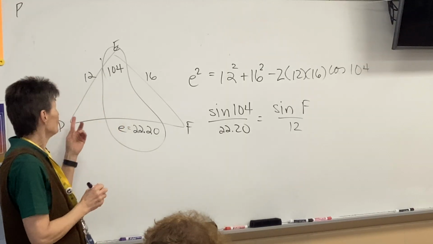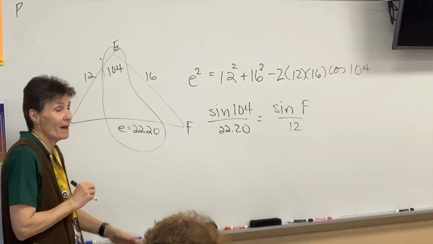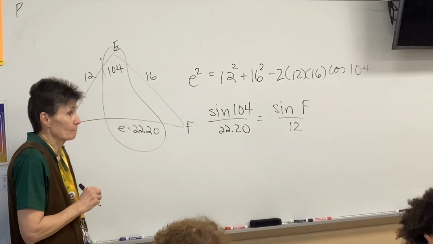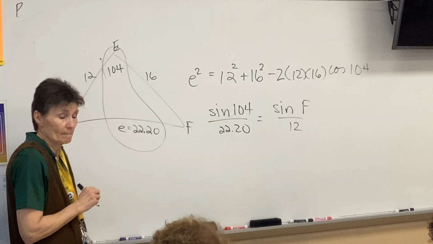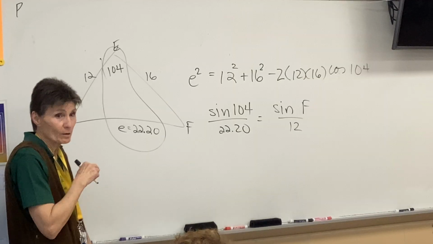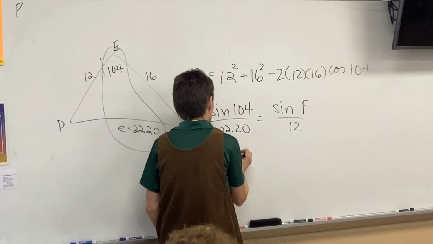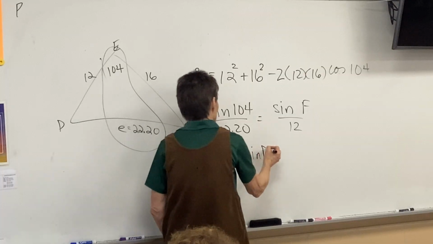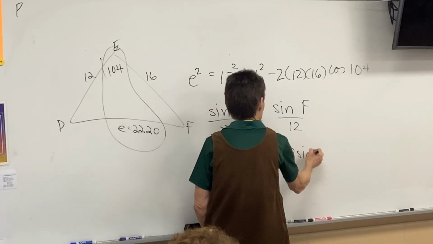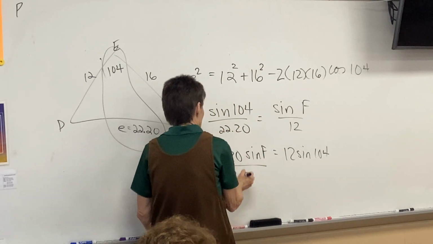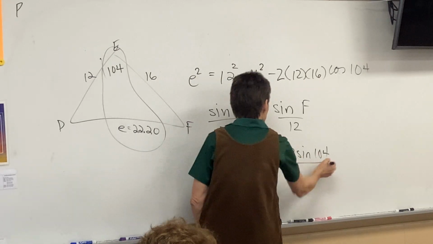You could do P over 16, doesn't matter, just pick one. You're ready, okay? So let's cross multiply. We'll divide by 22.20.